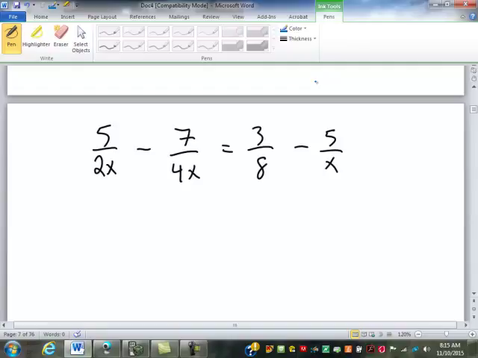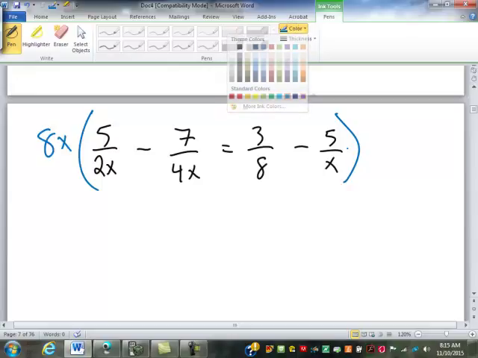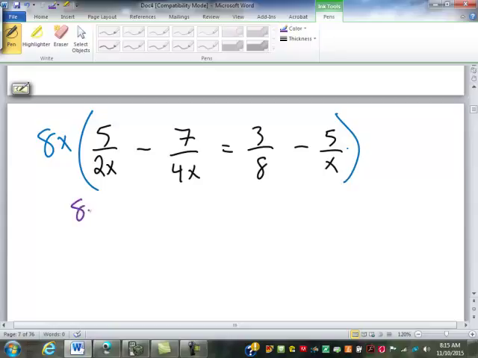Same as we did. What would be that common denominator? 8x. So now, we'll do 8x over 1 times 5 over 2x.